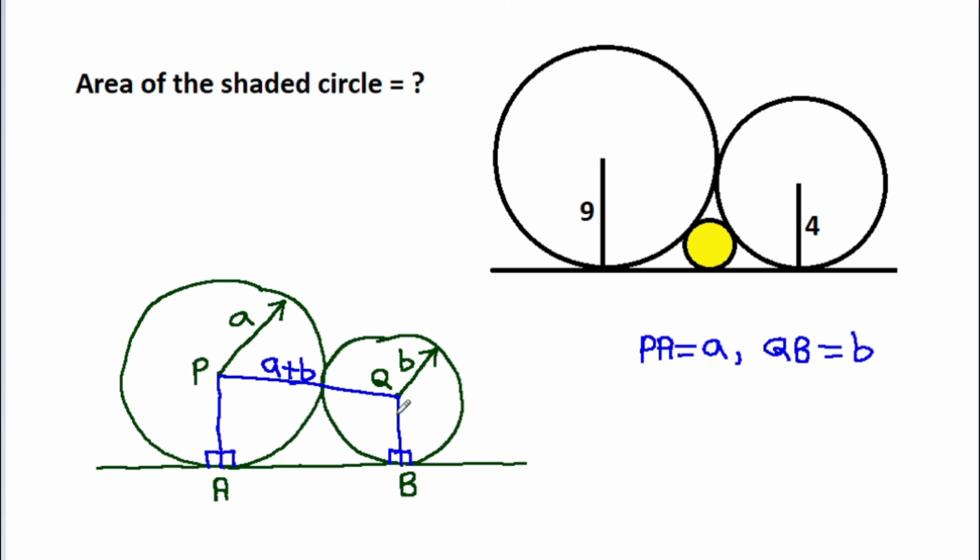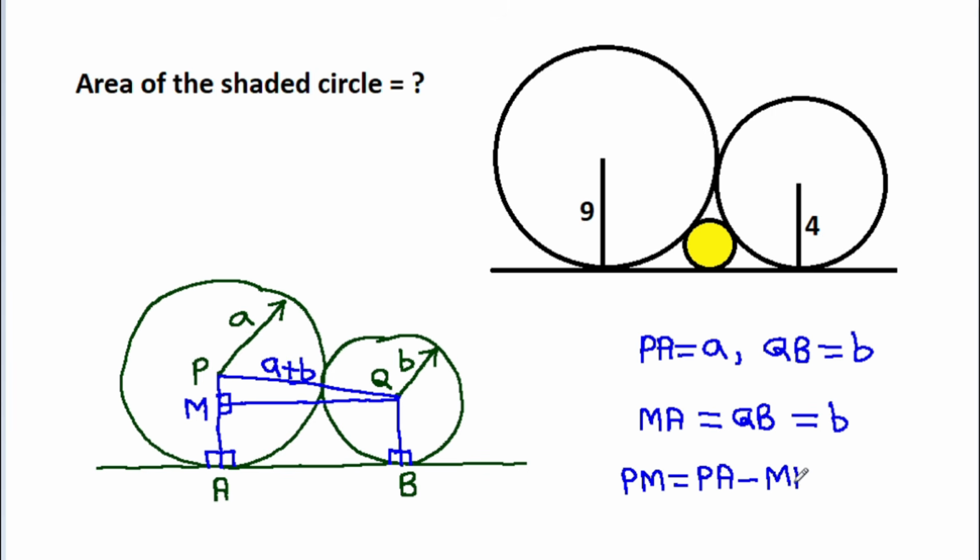From point Q, if we make a perpendicular on PA, suppose this point is M, then MA will be equal to QB, that is b. So PM is PA minus MA, and PA is a, MA is b. So PM is a minus b.